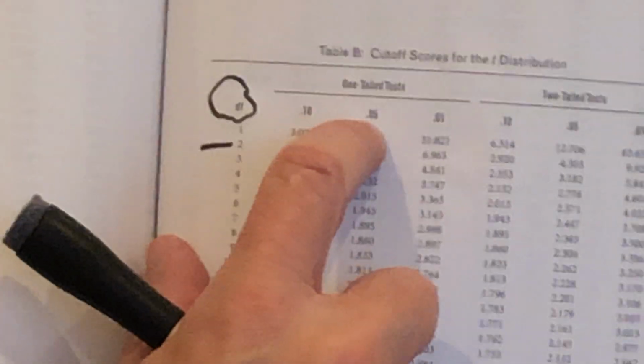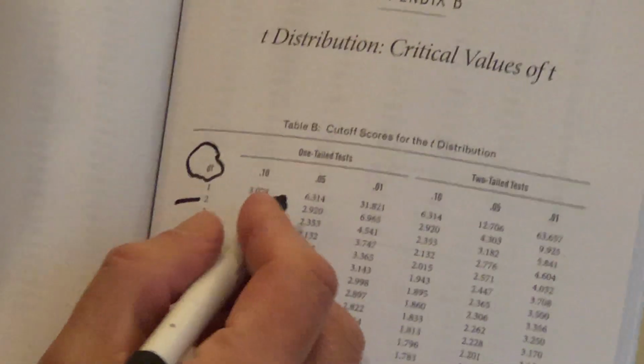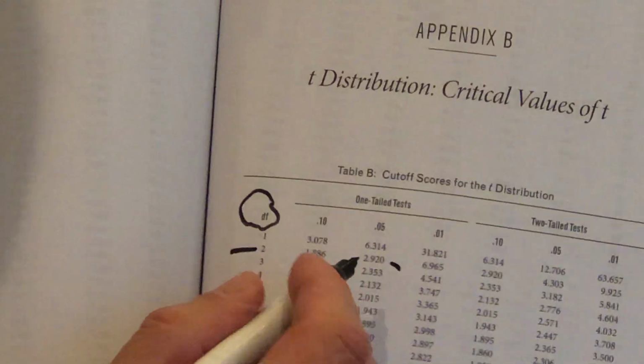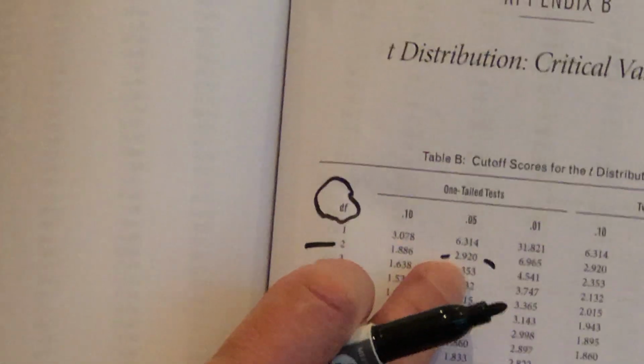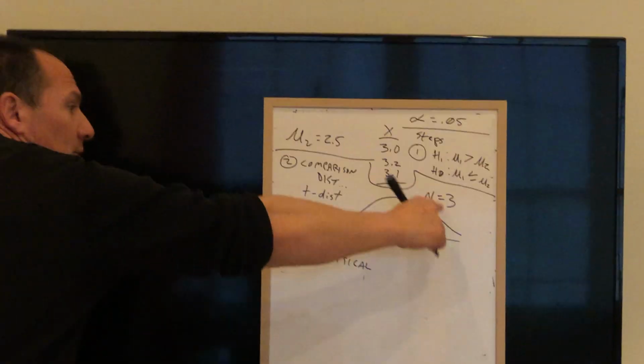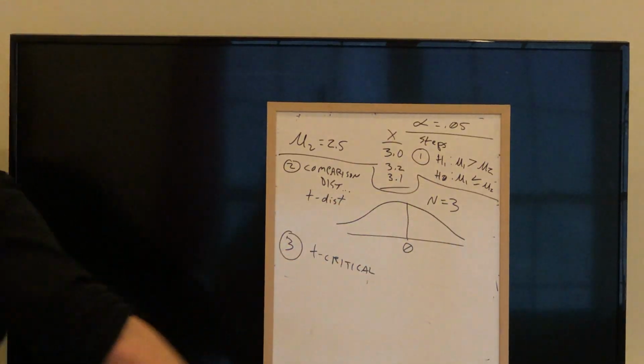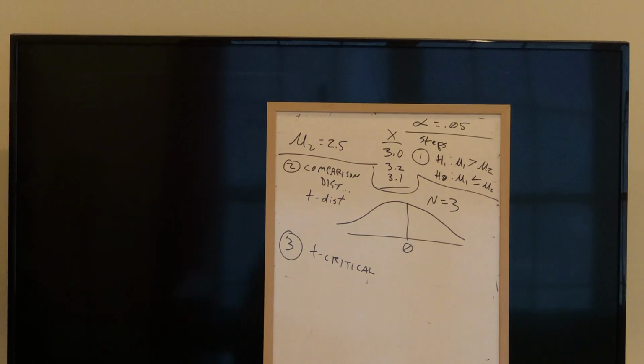And the answer here is 0.05. So the one number that corresponds to all those parameters being true is 2.92. And it's positive because mu sub 1 is predicted to be greater than mu sub 2. And you'll see that that means that we're looking at the right side of the distribution.